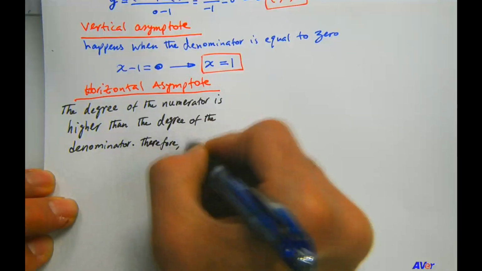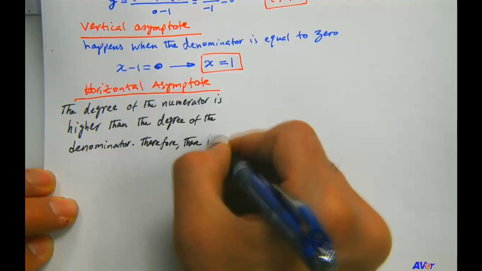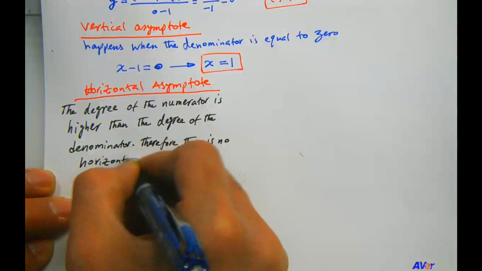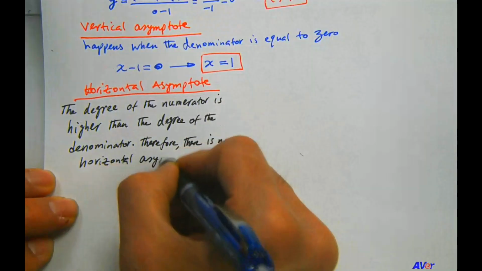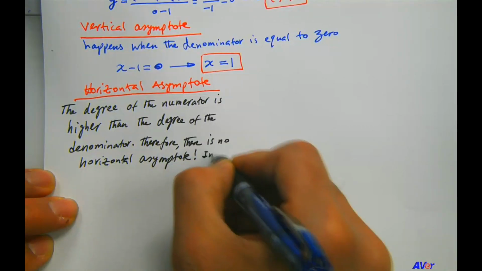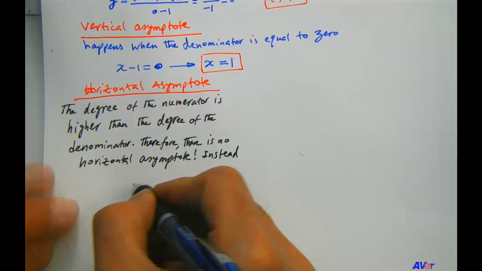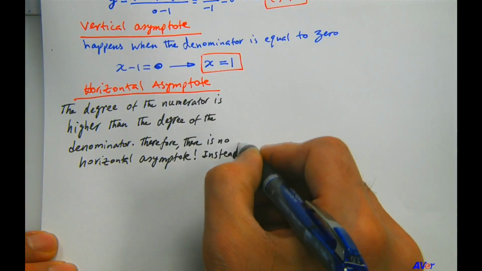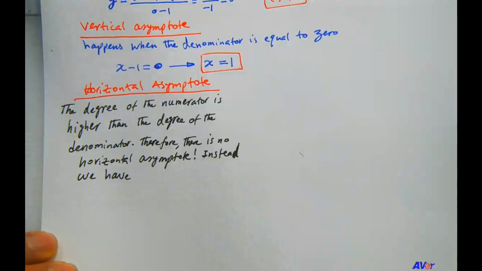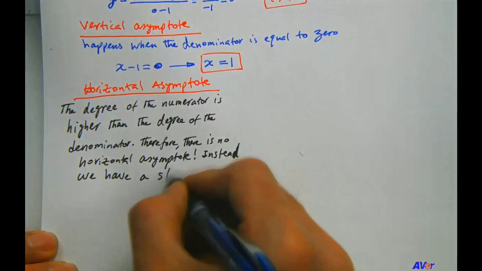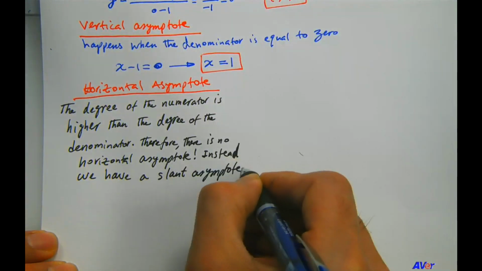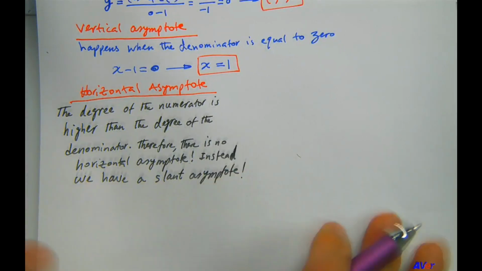Therefore, there is no horizontal asymptote. Instead, we have a slant asymptote. Okay, so let's find that.